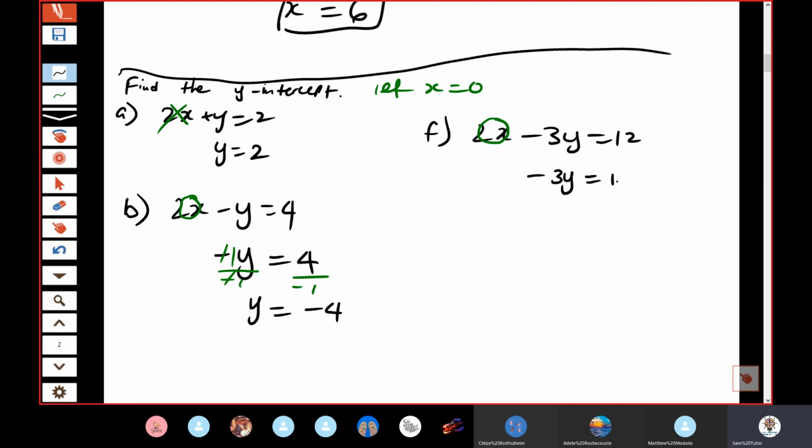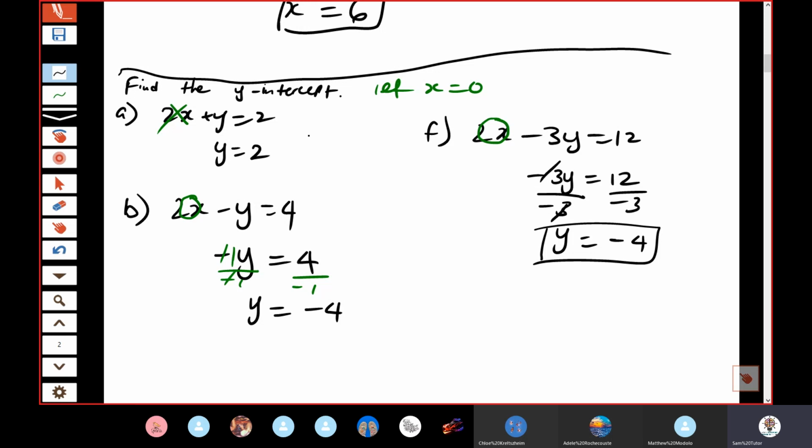Negative 3y equals 12. How do we get rid of the negative 3? Divide by negative 3. What's the answer? 12 over negative 3? Negative 4.